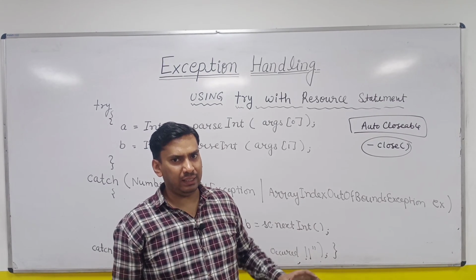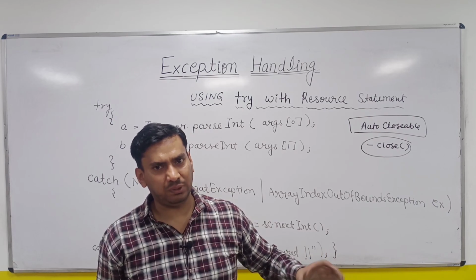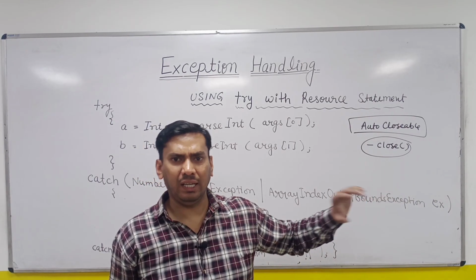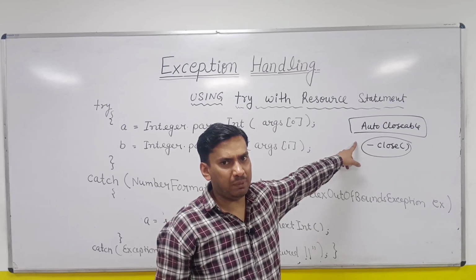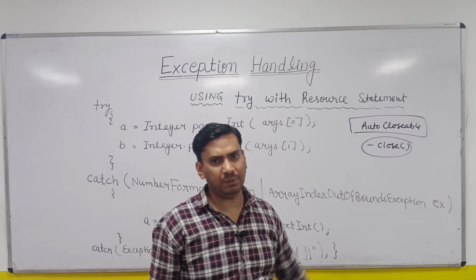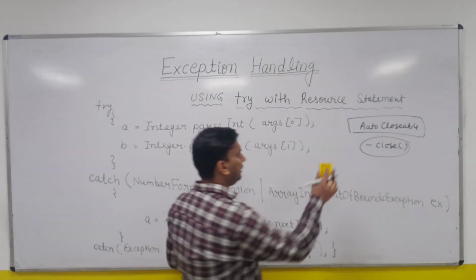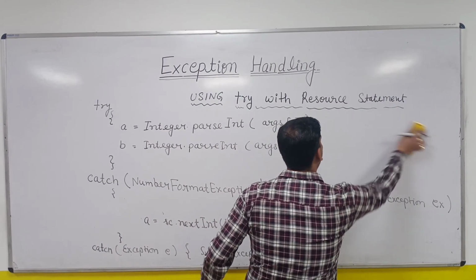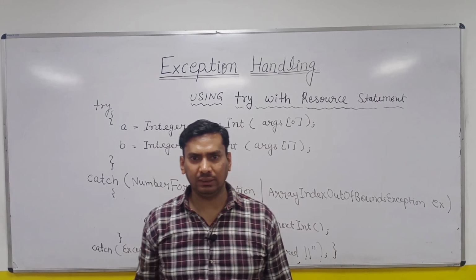Right? Whether you talk about input stream, output stream, buffered input stream, buffered output stream, or database connection, anything is inheriting AutoCloseable somehow. That's why it is a resource. That's why the close method is provided, because closing it is mandatory. So from JDK 7 onward, they said, okay, you need not write explicit code for closing these resources.